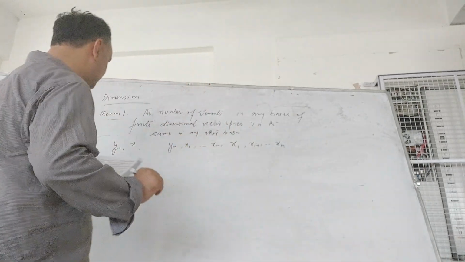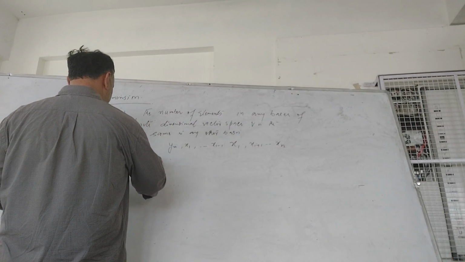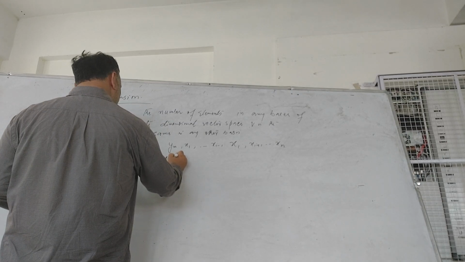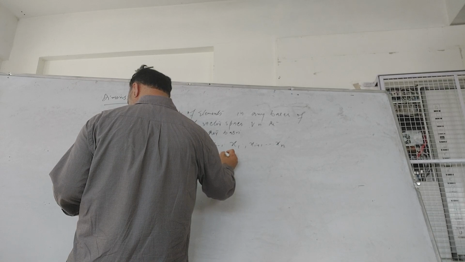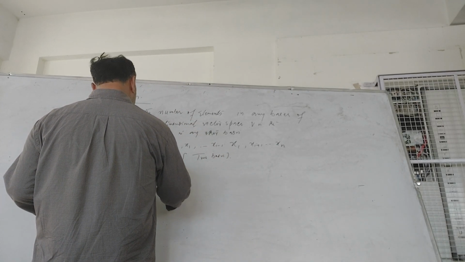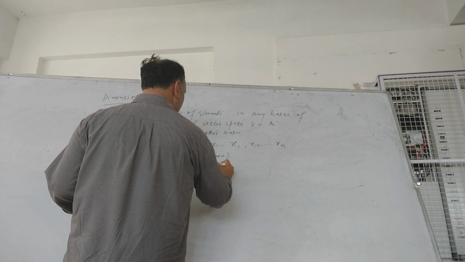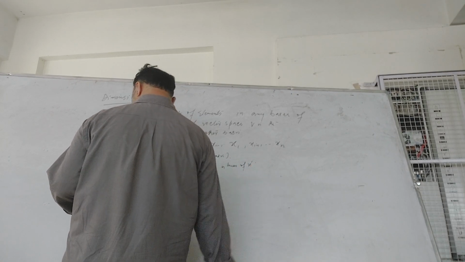So if we have two finite sets of vectors, which are two bases, what we are going to do is assume that every vector V is a linear combination of x's.